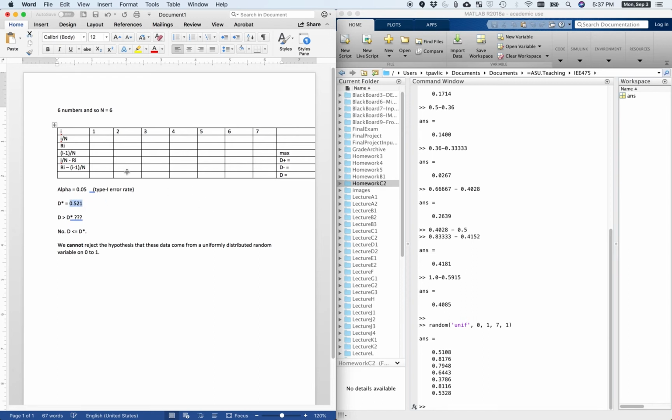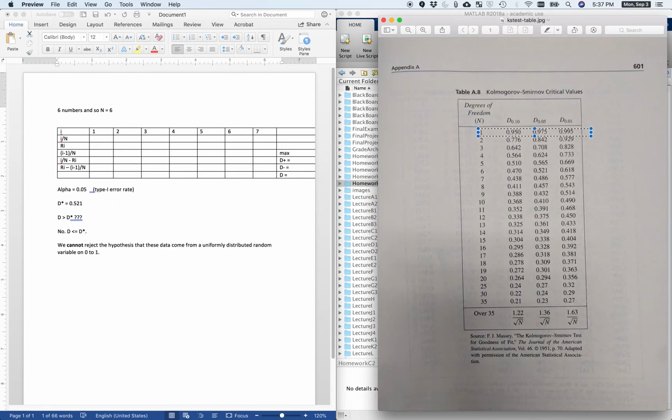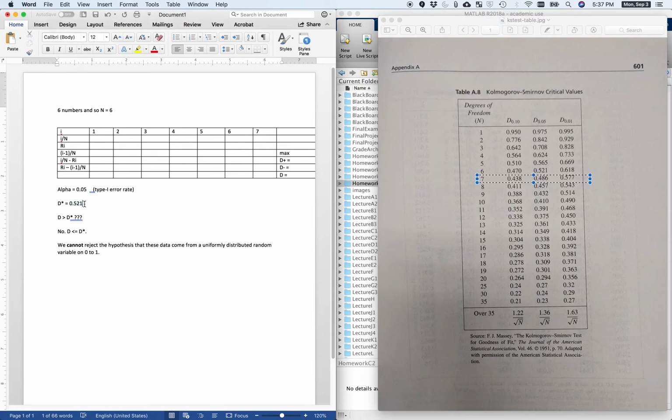I know ahead of time, without even putting in my data, what my critical value is going to be. If I go over to the preview, I'm interested in 0.05, this middle column, with 7 data points, and it looks like 0.486 is my critical value. So I'm just going to change that right now. And I don't know what my conclusion is, so I'll get rid of that.